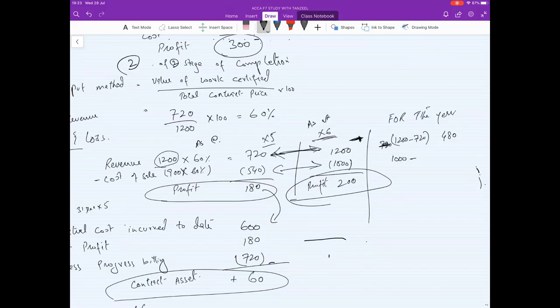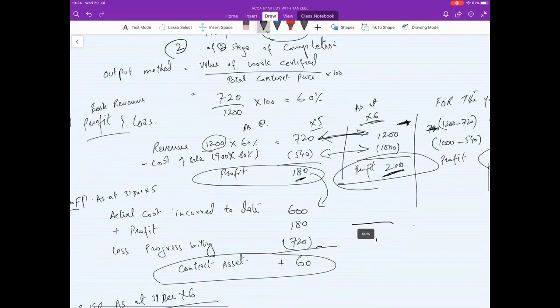Out of 1000, last year's cost was 540, so this year's cost was 460. So you can say 20 profit is for this year. You made 200 in total; out of 200, 180 was from the previous year, and this year the profit is only 20.